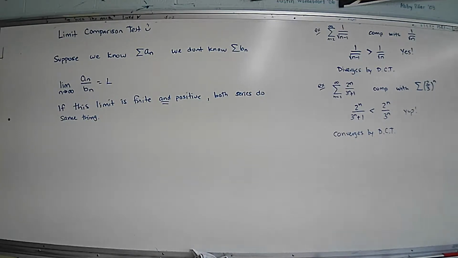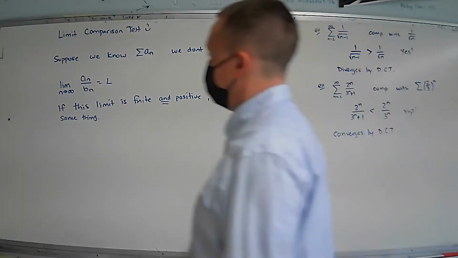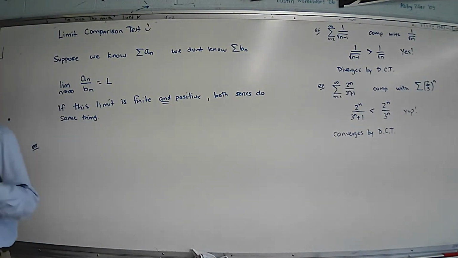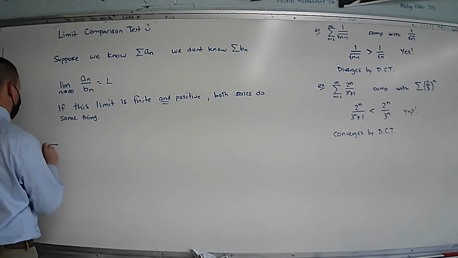Let's do some problems with this. This is the one that basically allows us to do the trick of what the series reduces to. What do I mean by that? If you remember, we had one like this a day or two ago.